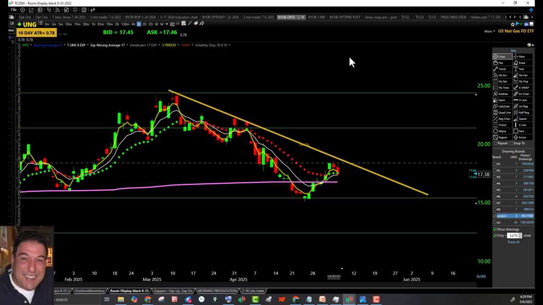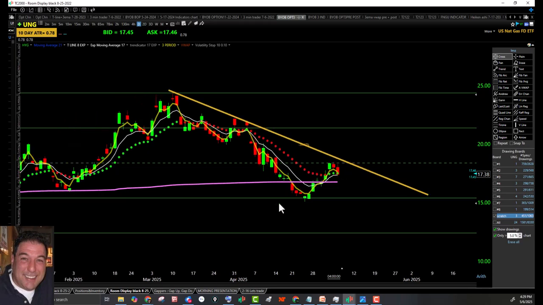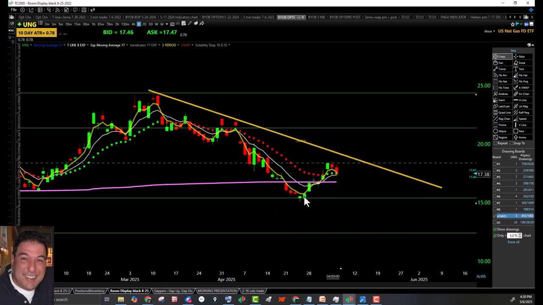This is natural gas. There's a high, there's a high. They haven't made a higher high. There's a low, there's a low, there's a low. They're making lower lows. That puts them in a downtrend. Lower high, lower low. So that's a downtrend for UNG. Now they're moving up, so it's a pullback in a downtrend.